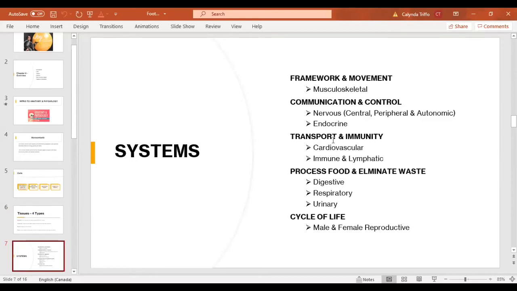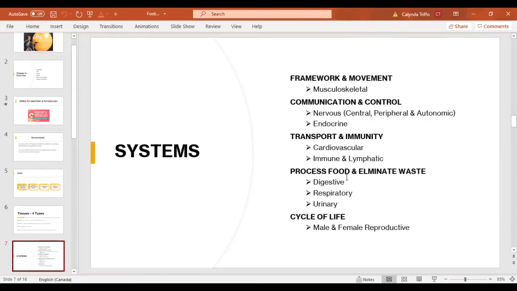Okay. Transport and immunity. The systems that control that are the cardiovascular system, as well as the immune and lymphatic system. The system that's in charge of processing food and eliminating waste, those are the digestive, because that's our food, right?